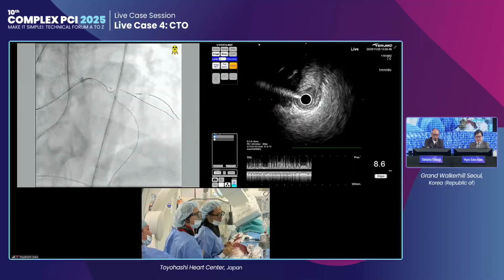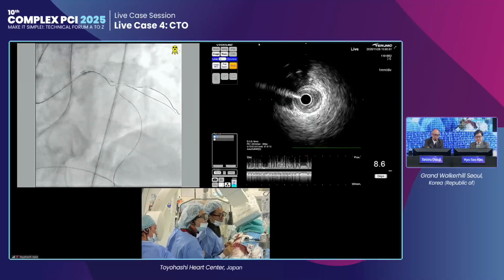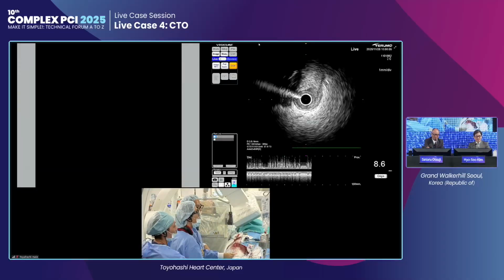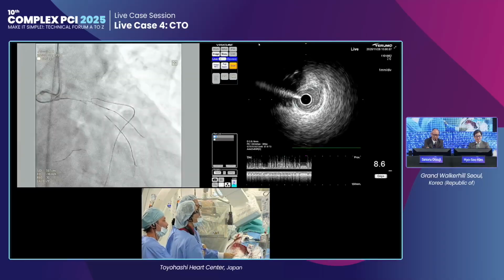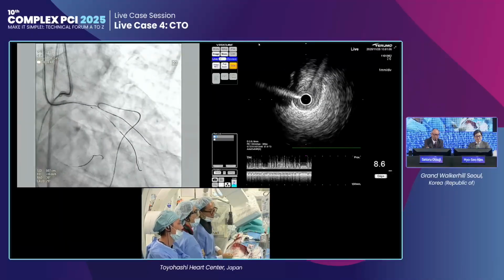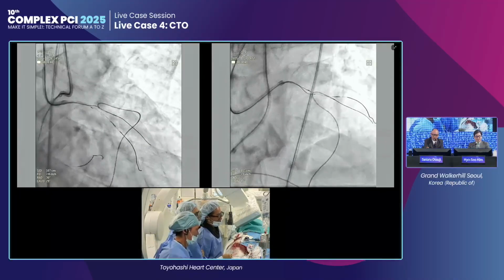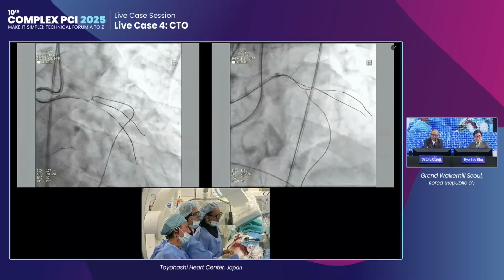Yeah, I will change to the next one. Maybe going to the diagonal, with a little Corsair change at the bifurcation.